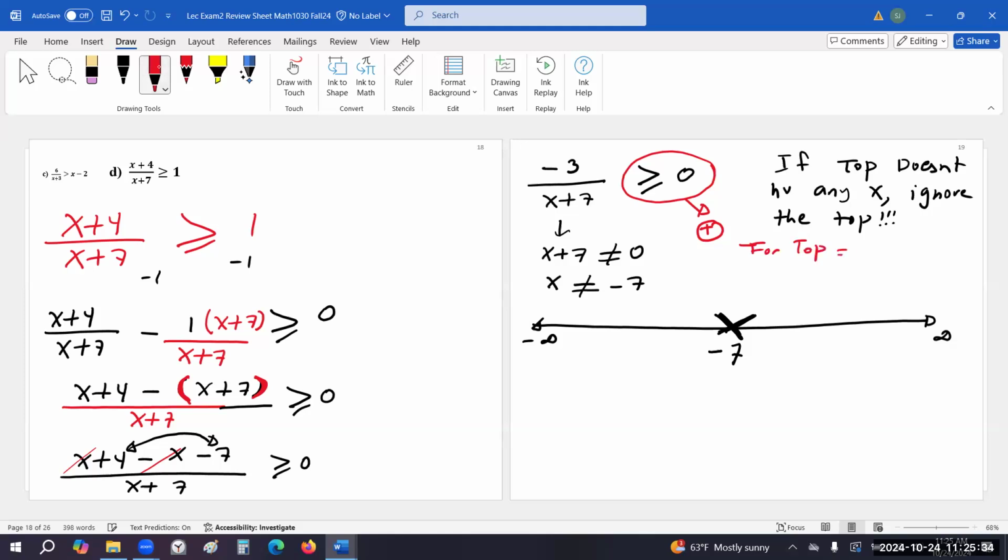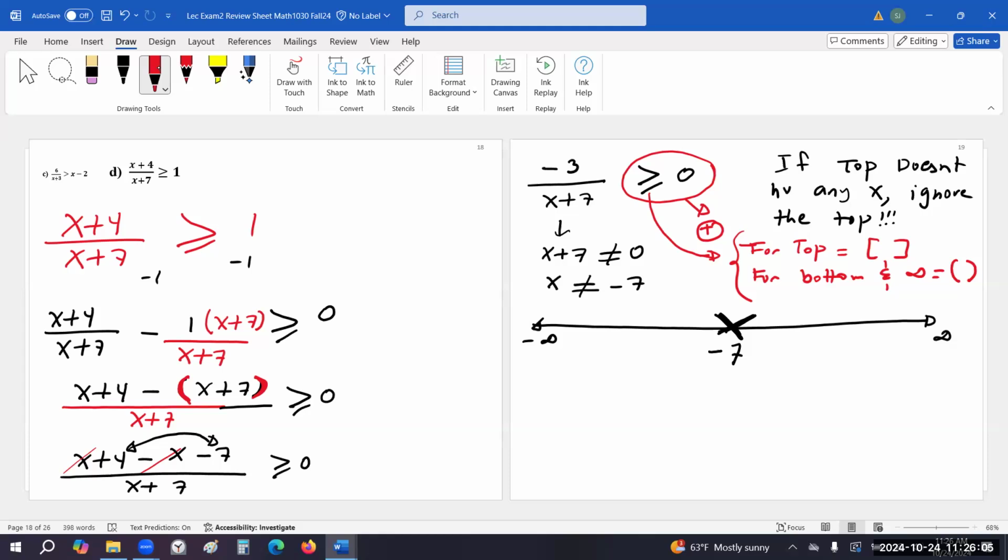For top, it's bracket, but for bottom and infinity, it's always parentheses. That's the rule. If you have an equal sign, whatever you get from the top gets the bracket, but whatever you get from the bottom in infinity, they always get parentheses.